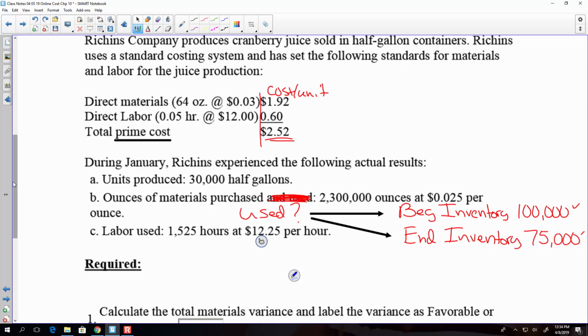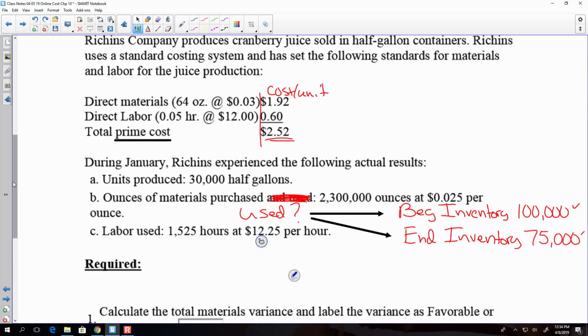So in a gallon, then I'm spending $1.92 per gallon or per unit. That's my measurement. Oh, excuse me, it's a half gallon. It's not a full gallon, sorry. And then labor is 0.05 hours to make that half gallon. And my labor cost is $12 per hour.